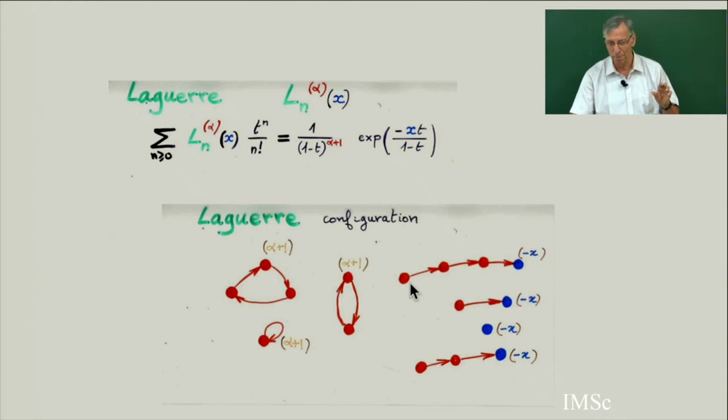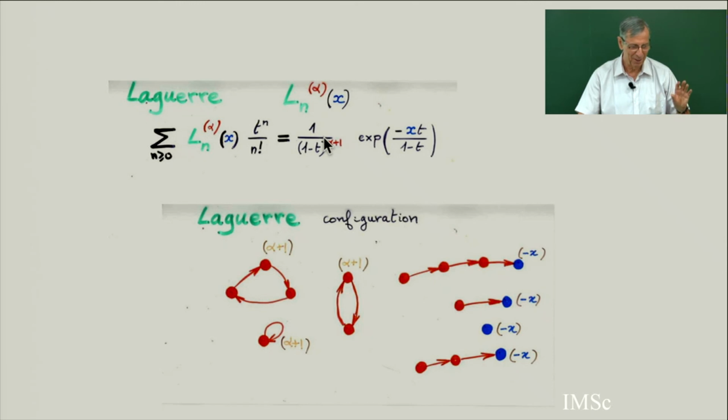Now I put some permutation, but I also put some totally ordered sets, like chains. You suppose that all the vertices are 1, 2, 3, 4, 5, n, and you have a partition of all these vertices into disjoint cycles and disjoint chains, or totally ordered subsets. Each such chain is weighted minus x, and each cycle is weighted alpha plus 1.